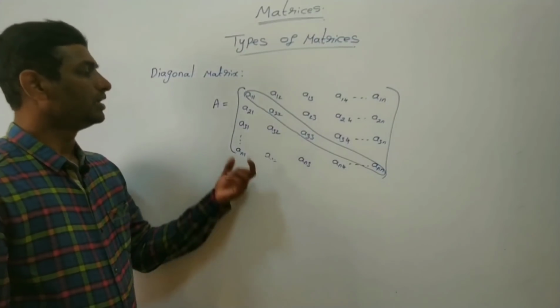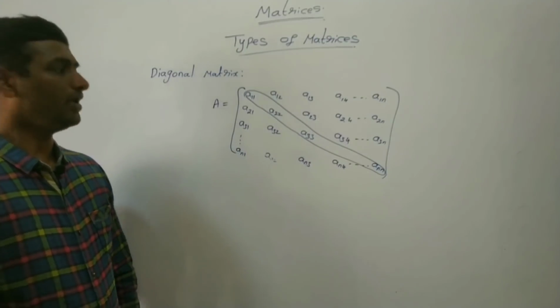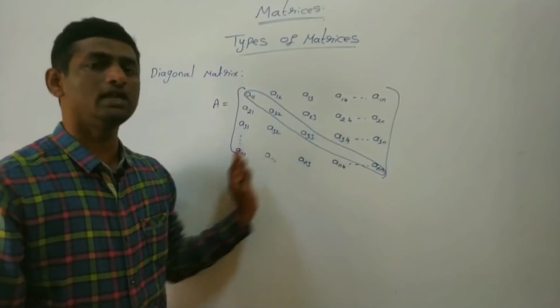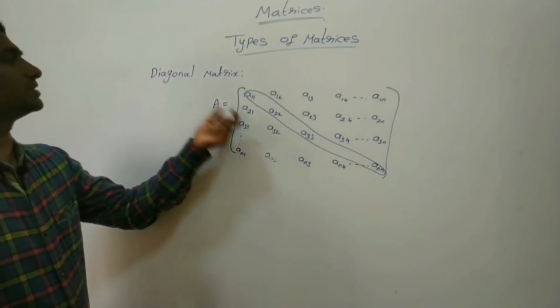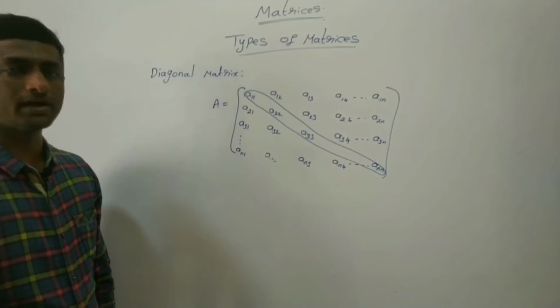Now, in this square matrix, if all the non-diagonal elements are zeros, then the matrix is said to be a diagonal matrix.